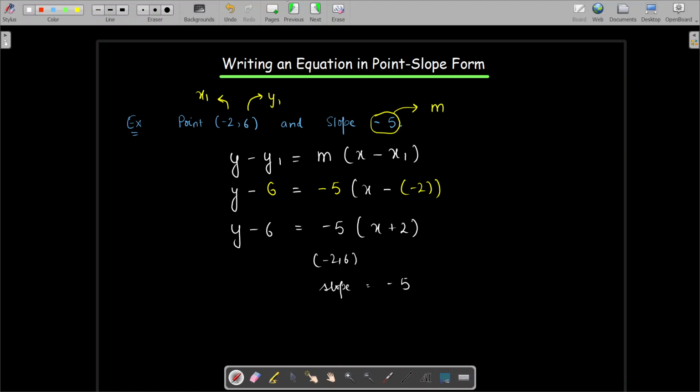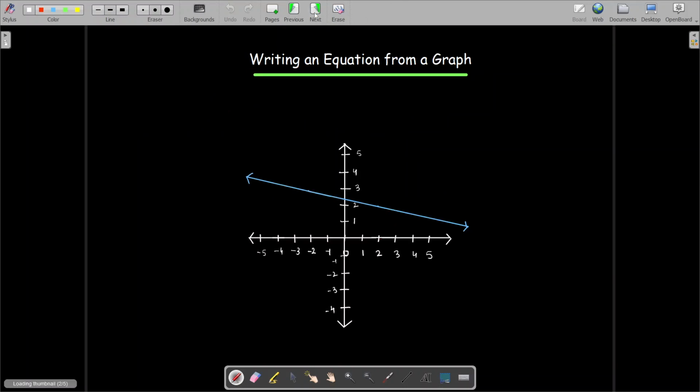Now the other concept is to write the equation in point slope form from the graph. Here we have the graph of a line, and we need to write its equation in point slope form. In order to write down the equation of a line, we need to find its slope and one point.